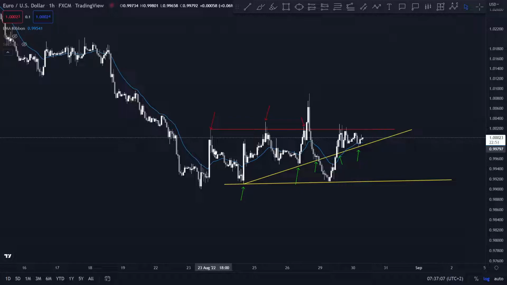So there's two things that could be done here. Either a long position with a stop here, betting on a break to the upside, or a short position somewhere up here with a stop up here, betting on a break down.